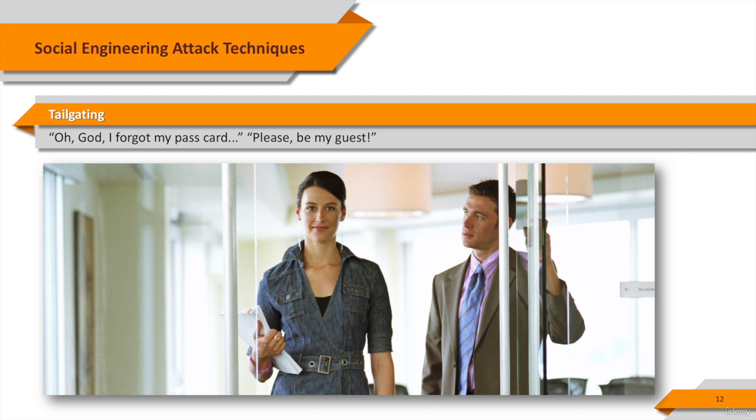Following common courtesy, the legitimate person will usually hold the door open for you, or you yourself may ask the employee to hold it open for you. The legitimate person may fail to ask for identification for any of several reasons, or may accept an assertion that the attacker has forgotten or lost the appropriate identity token. You may also fake the action of presenting an identity token or the action of looking through your pockets to find your identity token.